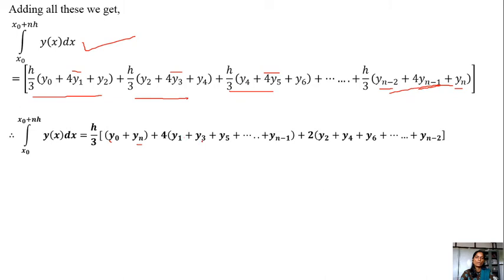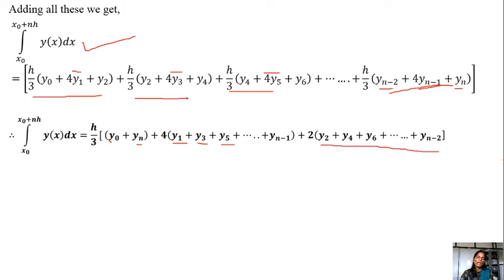So 4 times y1, y3, y5. Observe these suffixes are odd numbers. So 4 times (y1 plus y3 plus y5 plus y7 plus etc. yn minus 1), and we will get this y2, and this y2 is 2 times y2. So 2 times (y2 plus y4 plus y6 plus etc. yn minus 2). So 2 in bracket, the yi's with even suffixes.